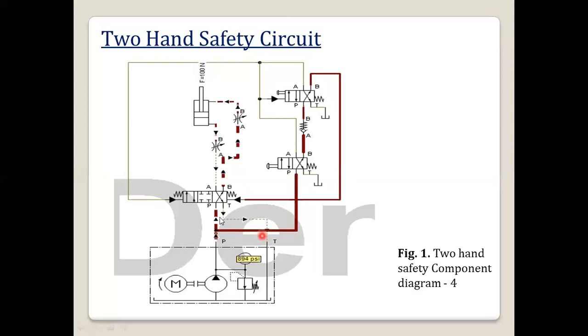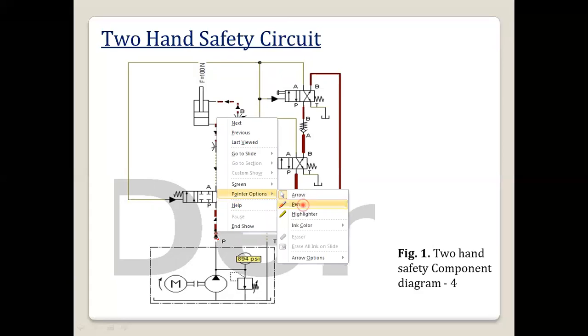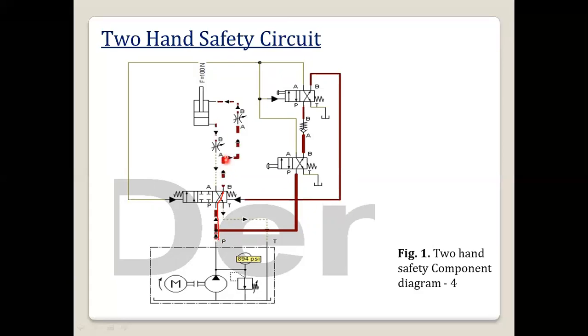I have discussed how the flow takes place in the retraction. Oil will be flowing from P to B, going to the rod side, and the piston will be retracting.